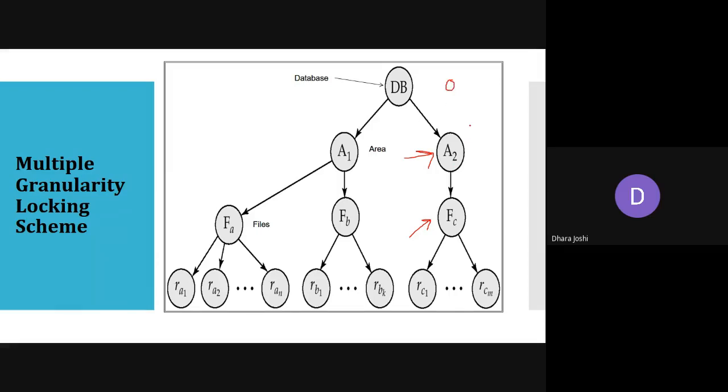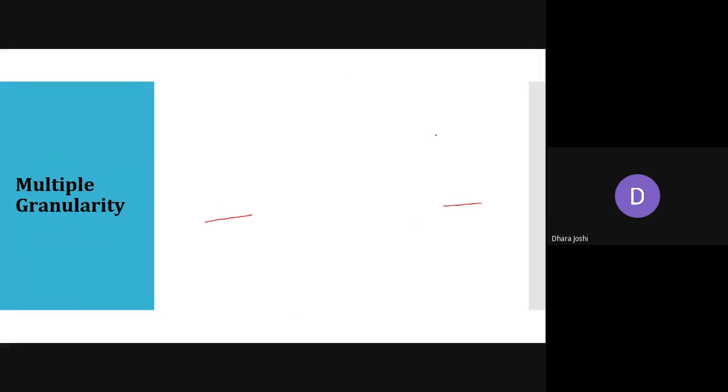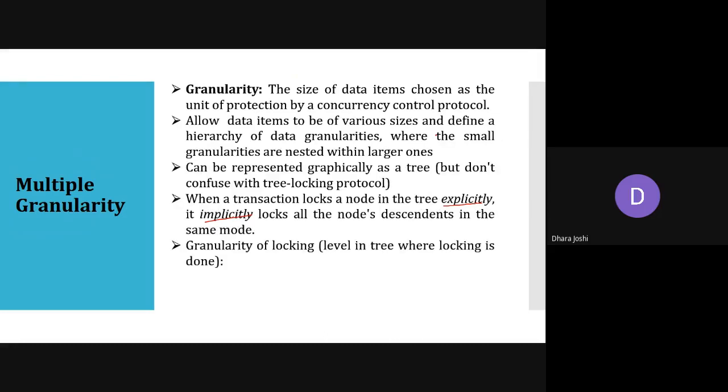This is level 0, 1, 2, and 3. So the lower level is 2. If we are comparing this area and file, then file will be at the lower level. So it will be the smaller particle as compared to this area, lower in the tree.